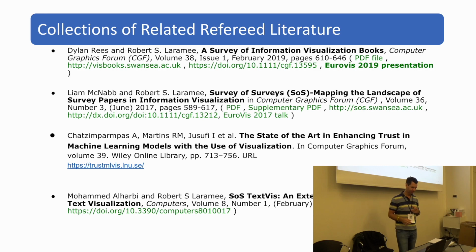If you're trying to get an overview of machine learning and visualization, there's a great survey paper on that. Everybody's obsessed with machine learning right now. And here's a special one for text, if anybody's focused on natural language processing: there's a survey of surveys on text visualization.